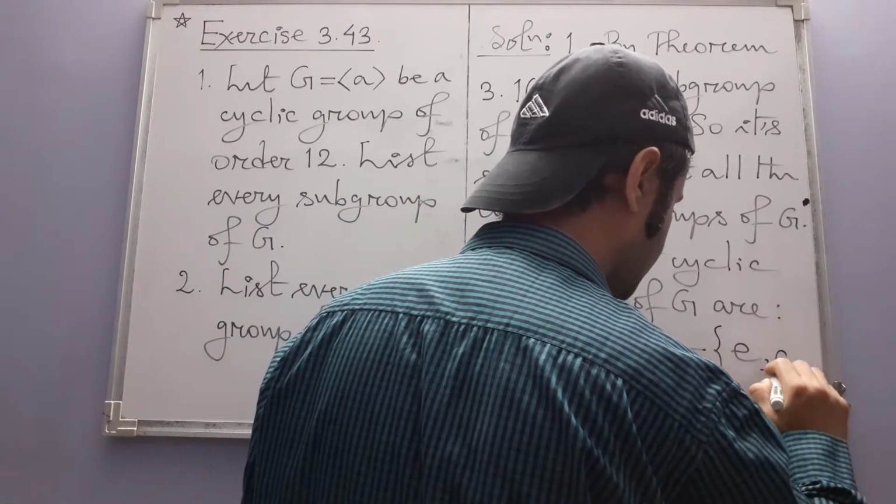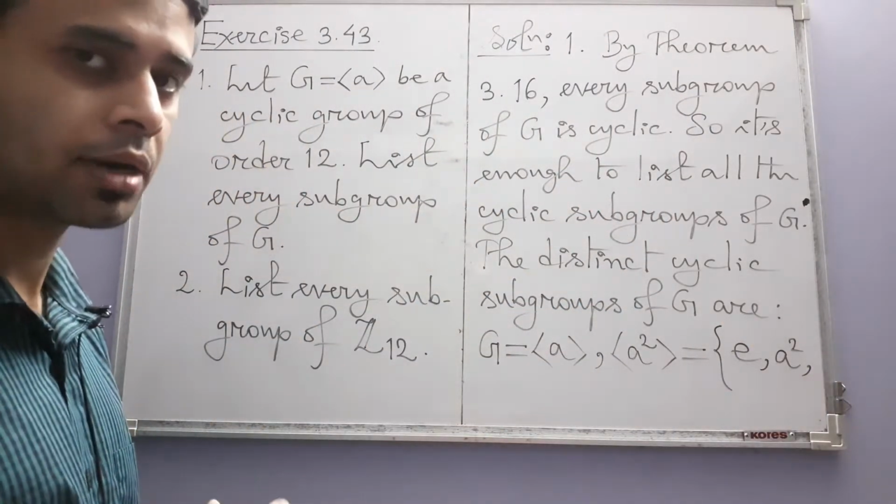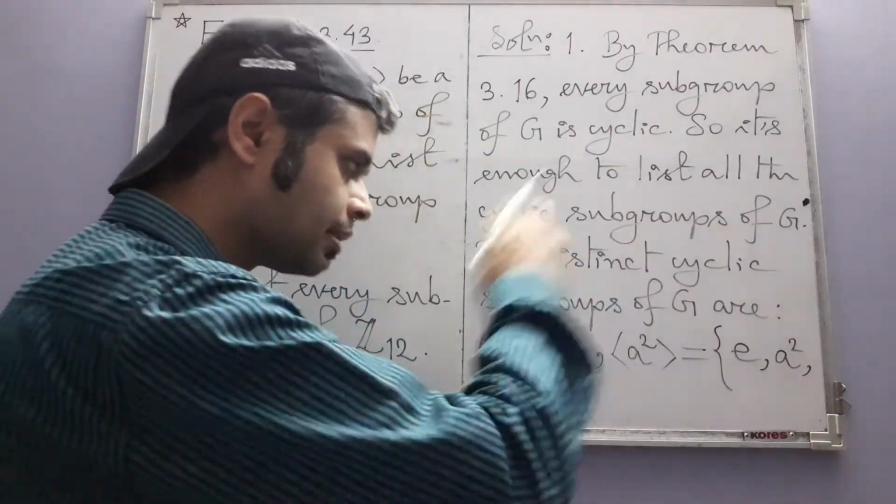Identity of course will be there, and then we will have the higher positive integral powers of A squared until things cycle back.